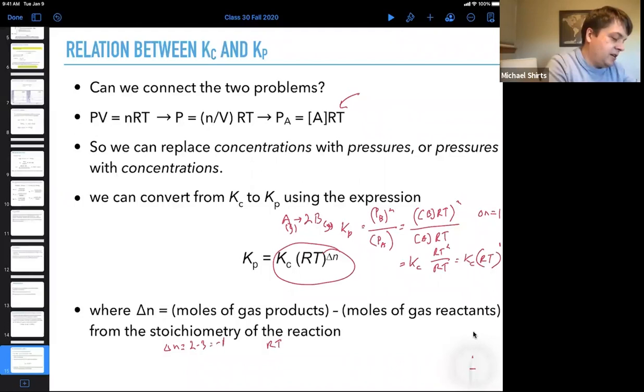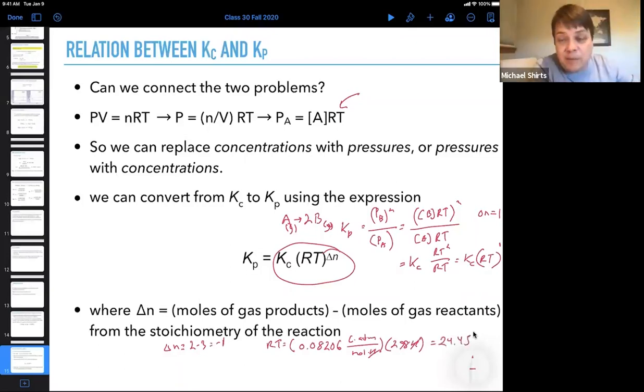And RT equals 0.08206 liter atmospheres over mole Kelvin times the temperature, which is 298 Kelvin. And these cancel. And so we get 24.45.